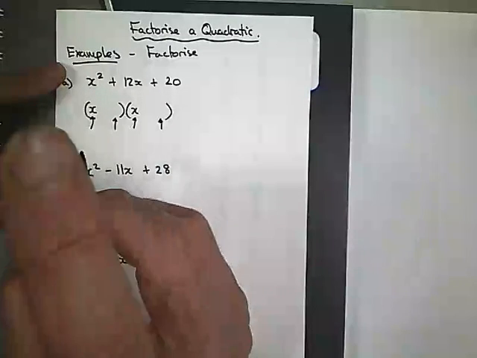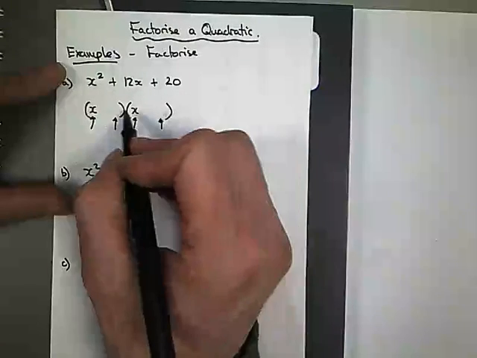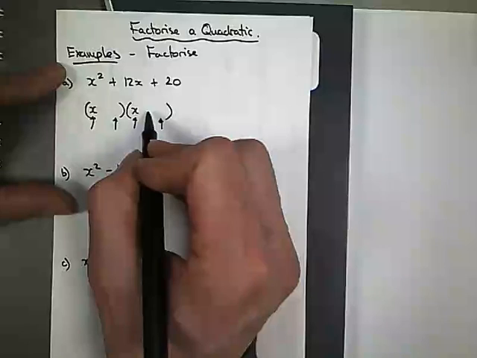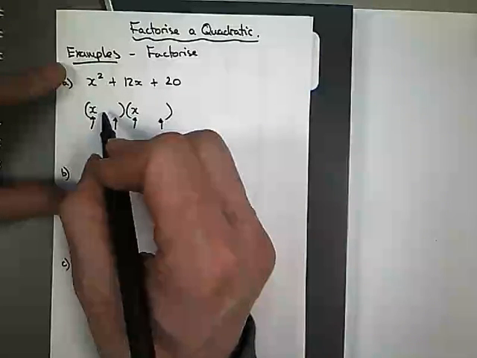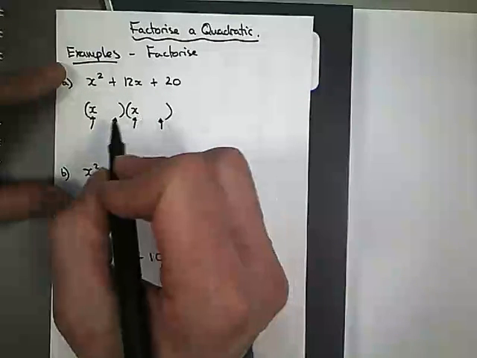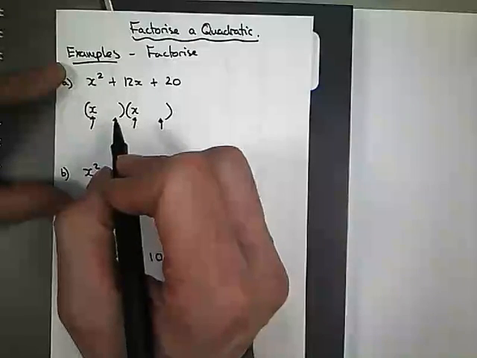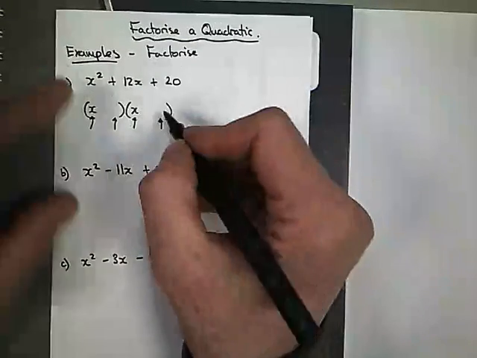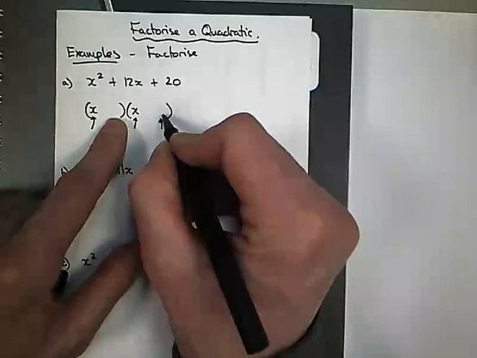Right, the next step is, what are these two numbers going to be? And what are the signs going to be? Are they going to be a plus and a plus, a plus and a minus, or a minus and a minus? Okay, there are three different options. So the way we do that is, if I had two numbers, they would multiply.